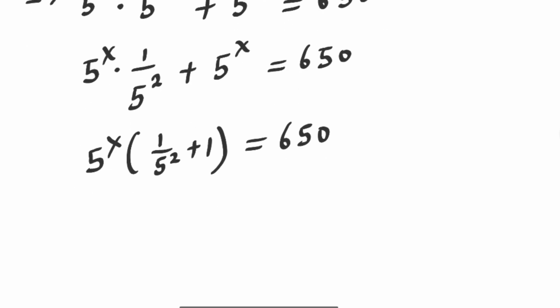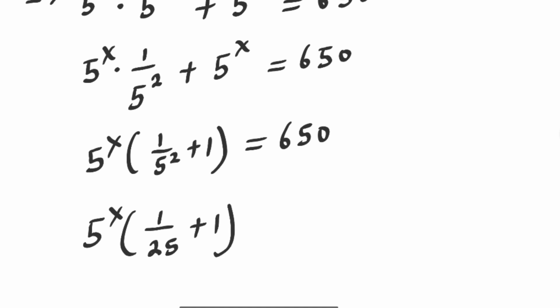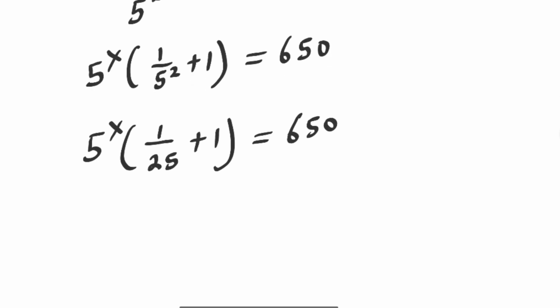Then here we have 5 raised to power s bracket 1 over 25 plus 1 is equal to 650. Here we have 5 raised to power s bracket, the LCM is 25.